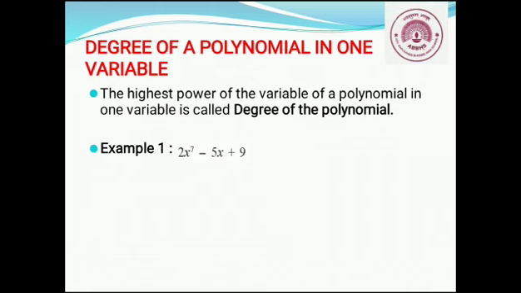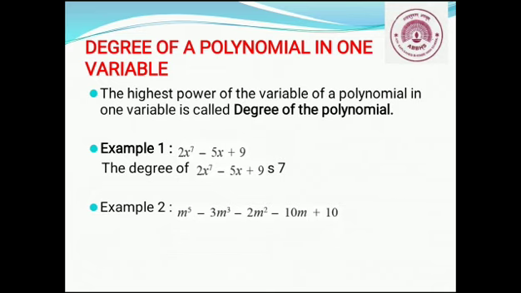This is a polynomial in one variable, that is x. Now which is the highest power of the given polynomial? The highest power is 7 and therefore the degree of 2x raised to power 7 minus 5x plus 9 is 7.